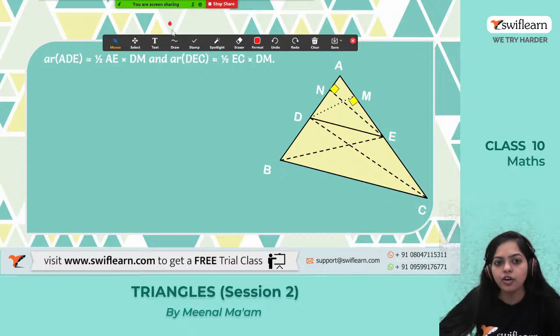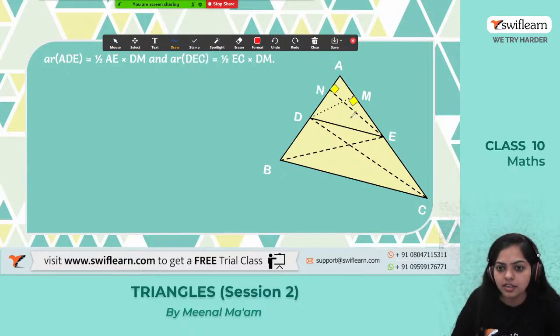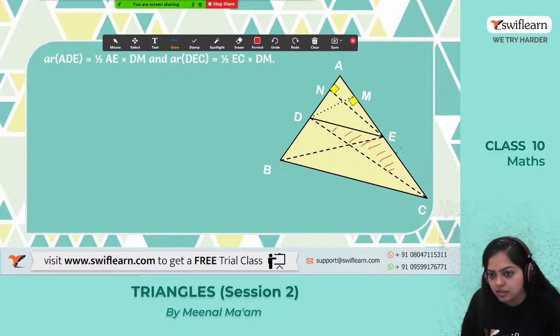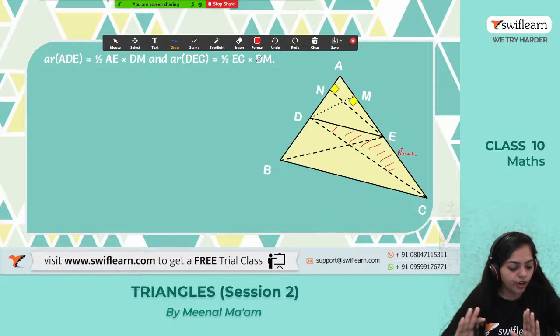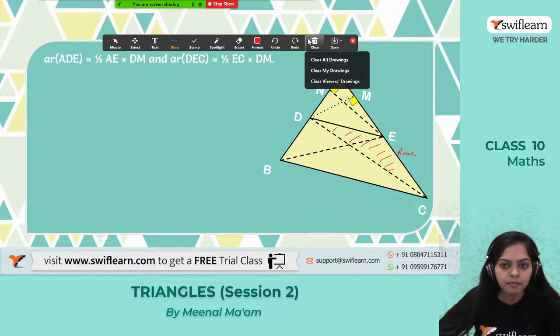And if I talk about this triangle DEC, the base will be EC. This side is our base, and the height will be the same, DM. So area ADE equals half AE into DM, and area DEC will be equal to half EC into DM. Got it? Any doubt till here?